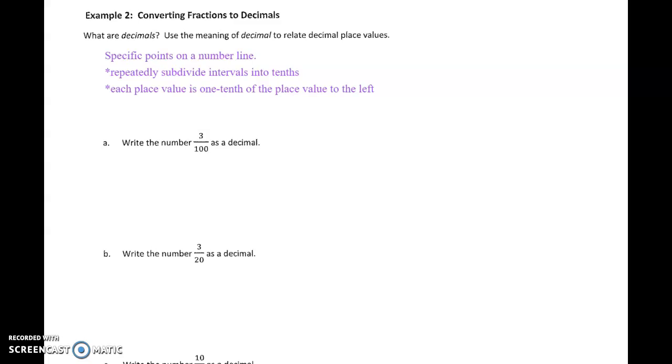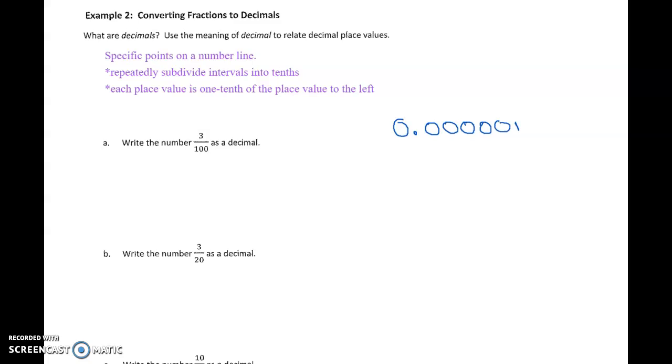Because remember, we have tenths, hundredths, thousandths, ten-thousandths, hundred-thousandths, millionths, and it goes on.